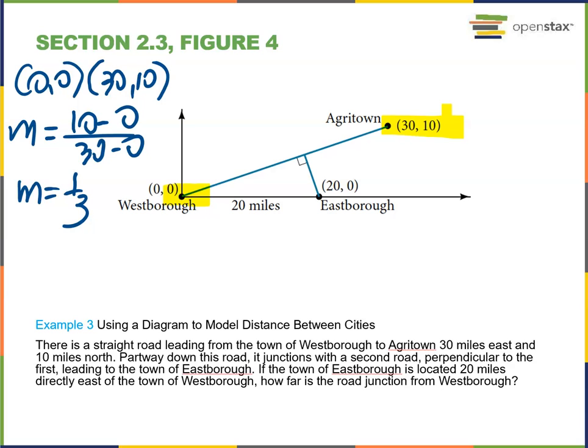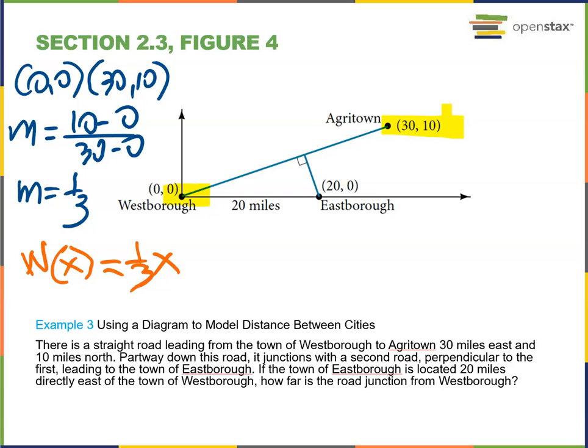So the equation of the road from Westboro to Agrietown would be W. Let's use W for Westboro. So W of x is equal to the slope, 1/3 x.